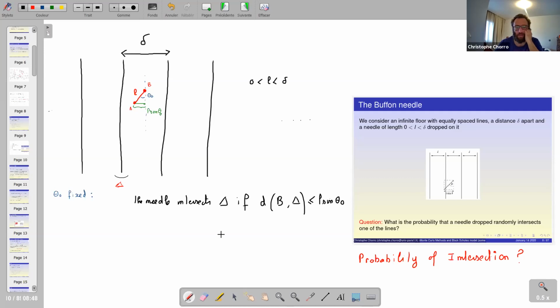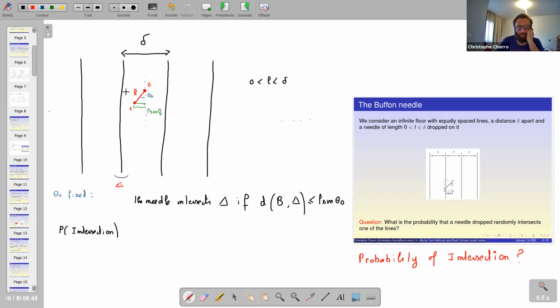And so what is the probability of intersection? Well, I can do a picture like this. I am interested in the intersection with respect to this line, meaning that by the symmetry of my problem, I can only focus on this situation with the intersection with respect to delta.